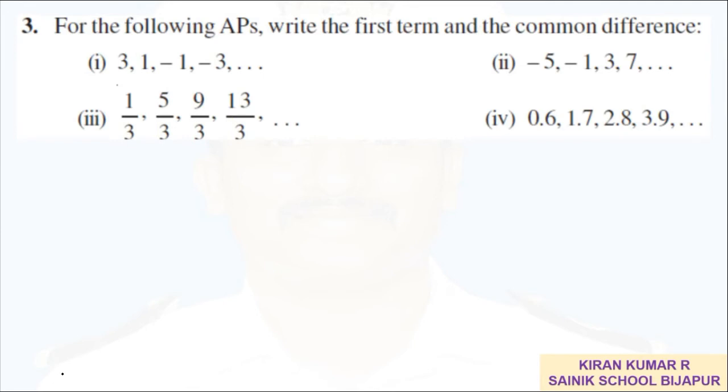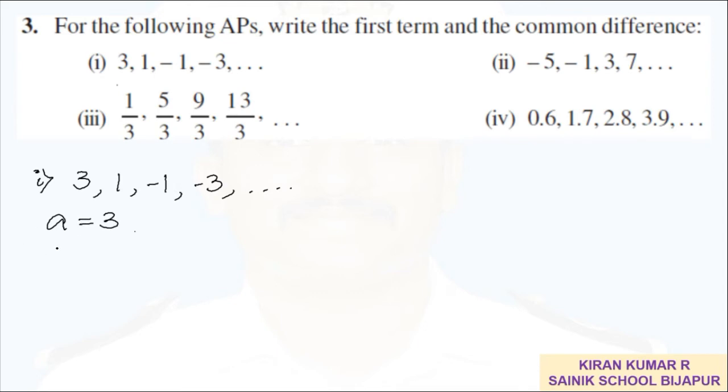Next, third question. For the following arithmetic progressions, write the first term and the common difference. First one is 3, 1, -1, -3. Let me write it here. 3, 1, -1, -3, and so on. The first term is 3.